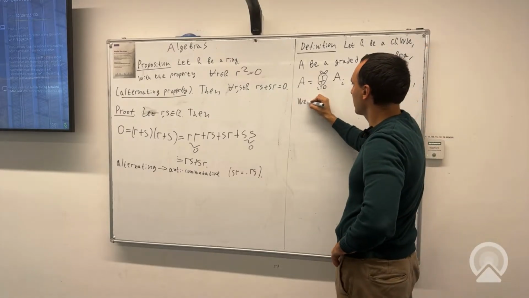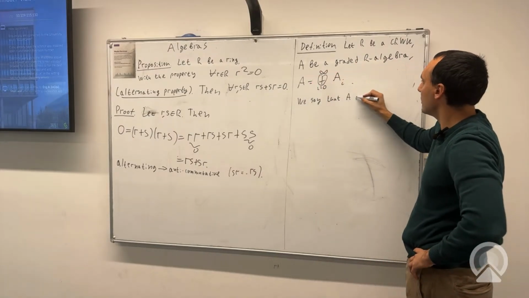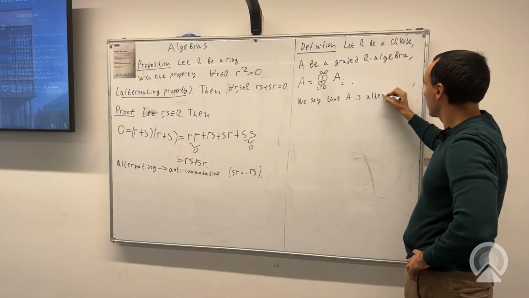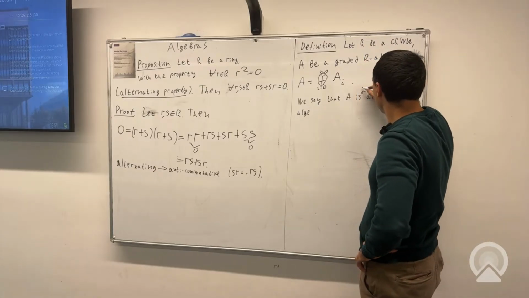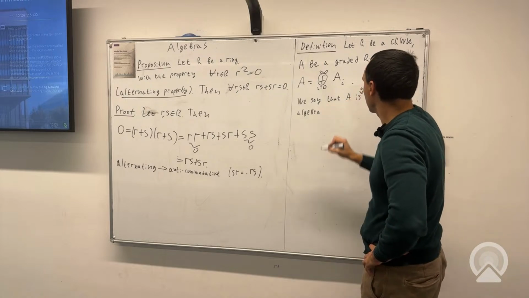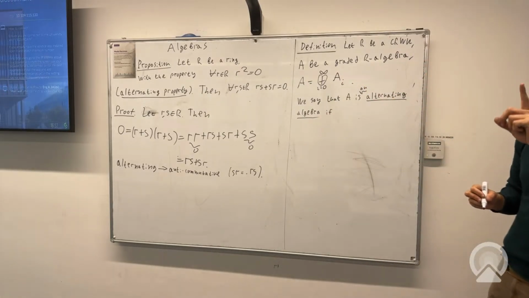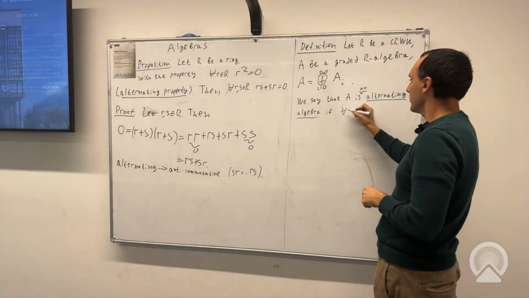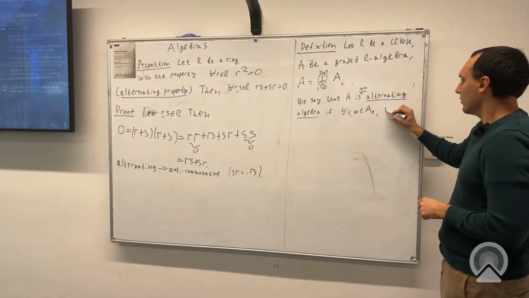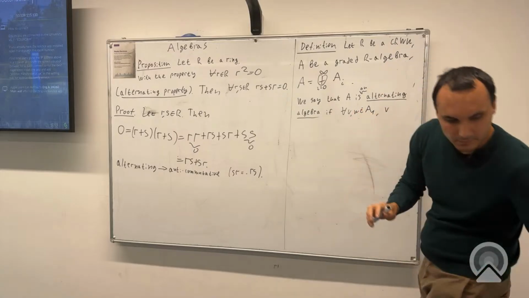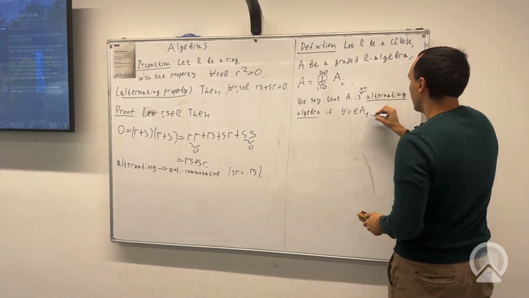We say that A is an alternating algebra if elements of degree 1 have the alternating property: for any V in A1, V times V is equal to 0.